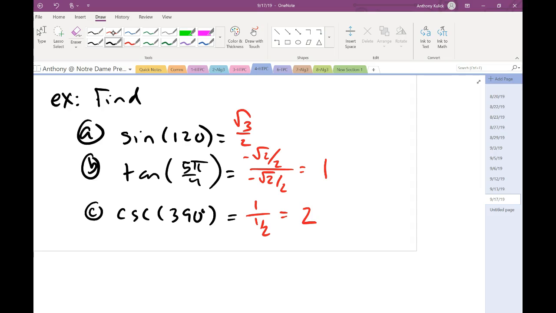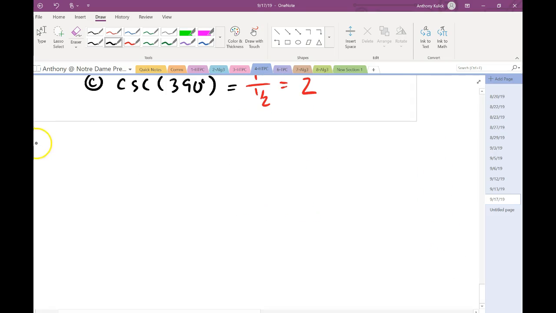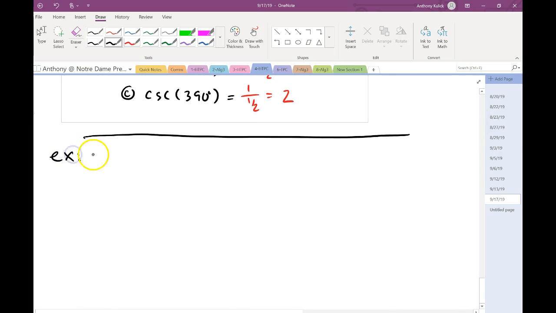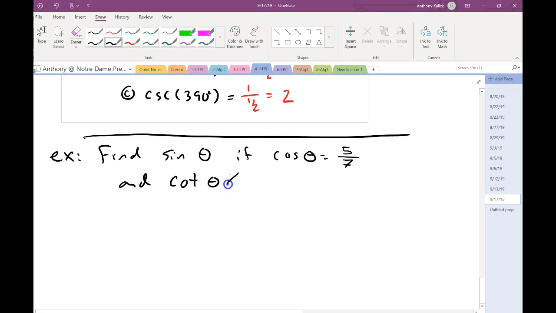Let's do one more example problem here. This problem says find the value of sine theta if cosine theta equals 5/7 and cotangent theta is less than 0.